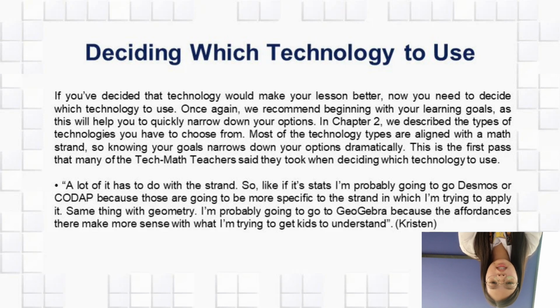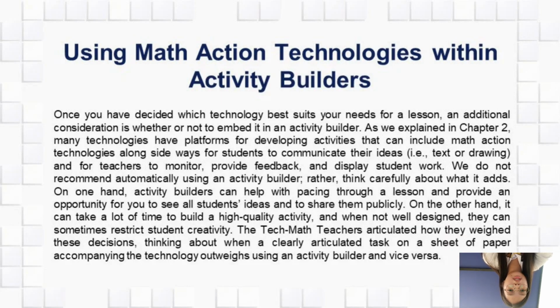This is the first pass that many of the math teachers said they took when deciding which technology to use. So my second topic is using math action technologies within activity builders.